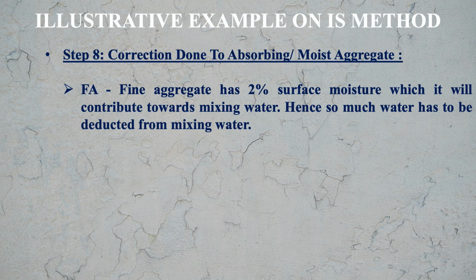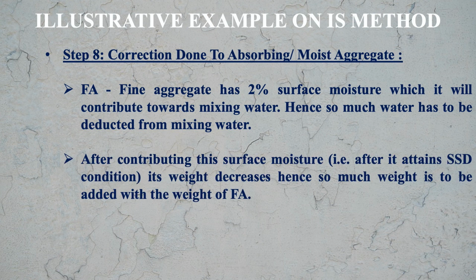Hence, that much water has to be reduced from the mixing water. After contributing this surface moisture, that is after it attains the surface saturated dry condition, SSD condition, its weight decreases. Hence, so much weight is to be added to the weight of fine aggregate.